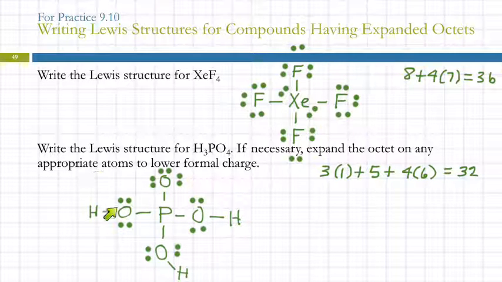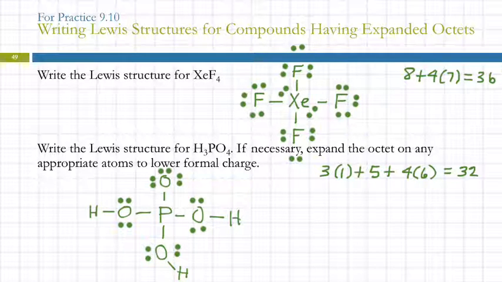Do the calculations for yourself if you don't see it yet, but oxygen here with 2 bonds and an octet, 0 formal charge. This oxygen has a formal charge because it only has 1 bond. So it brought 6 electrons, it would leave with 7, that's -1, and the phosphorus would have a +1 formal charge. So then we should expand the octet on which element? The phosphorus.